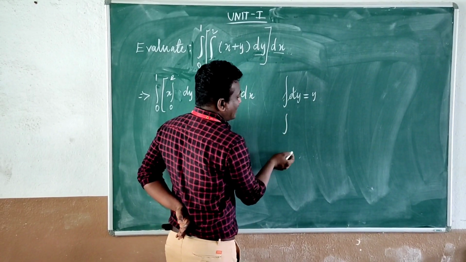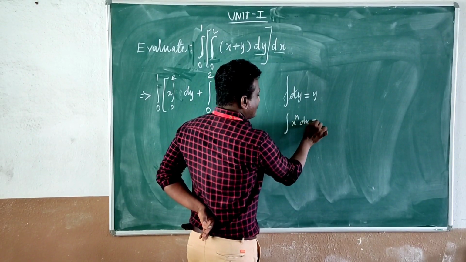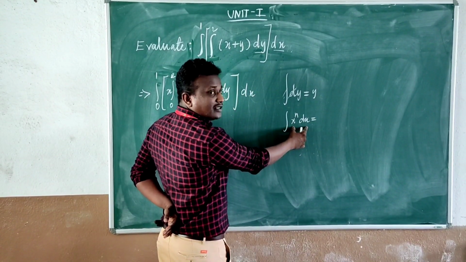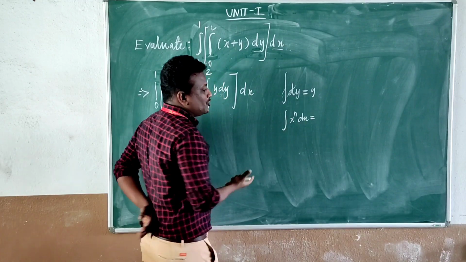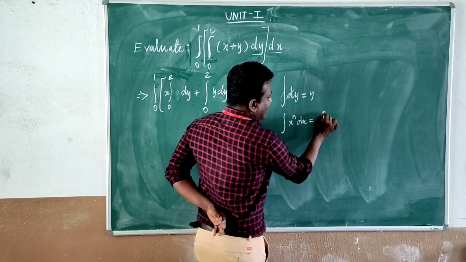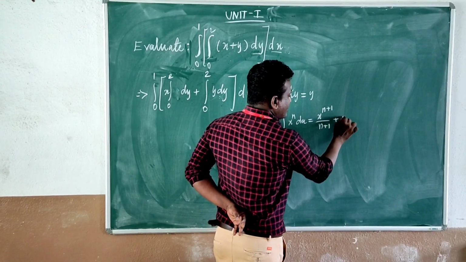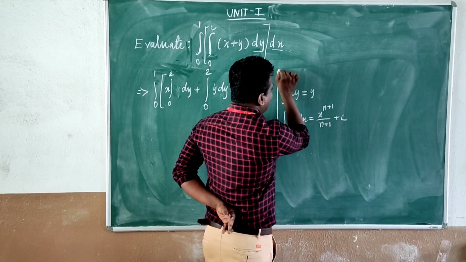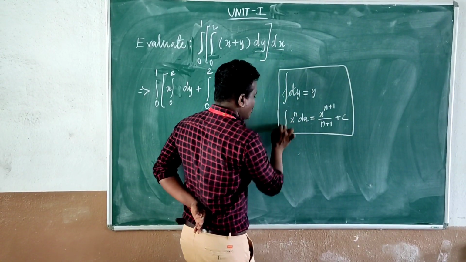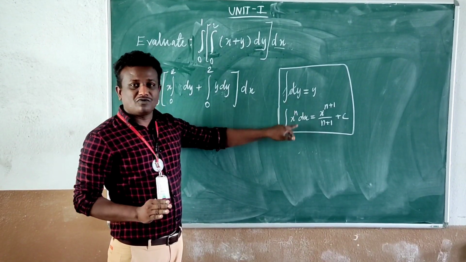One more simple formula is integral of x power n into dx, the very basic formula we use for all problems. Its expansion is x power n plus 1 divided by n plus 1, plus c. We will use these two formulas for the maximum number of problems, so please be strong on these two formulas.